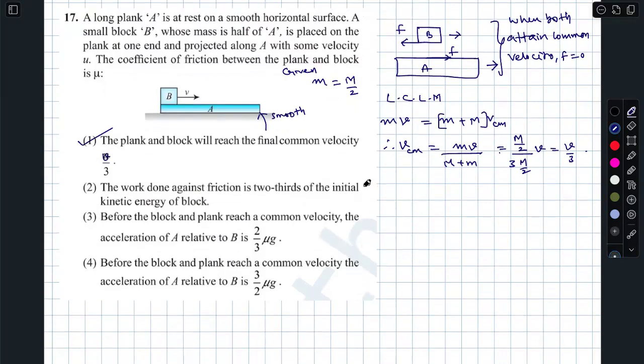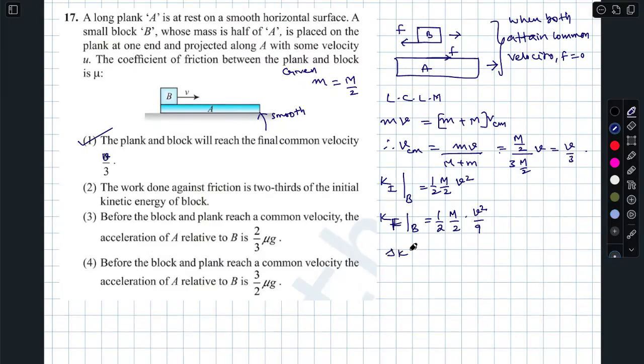Now, what is happening over here? Kinetic energy initial of B is half m by 2 v square. Kinetic energy finally of B is half m by 2 v square by 9.